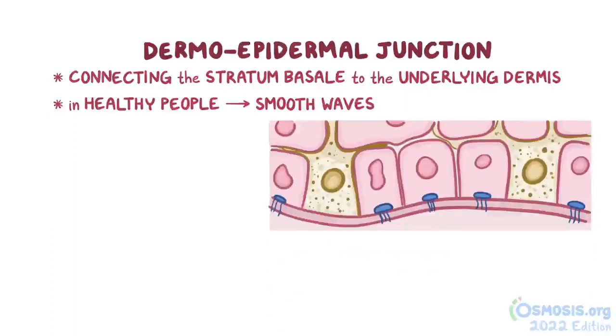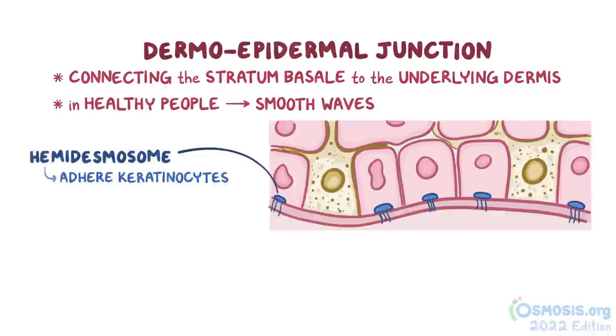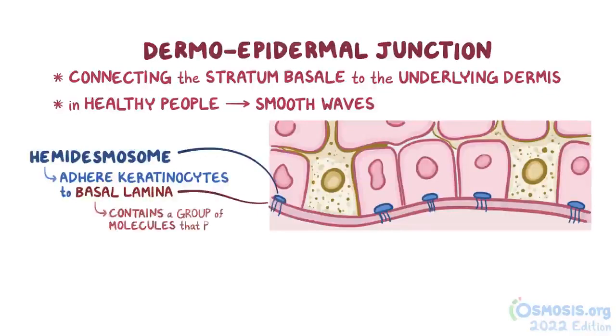The first part is the lower portion of the plasma membrane of the keratinocytes in the stratum basale, which contains glue-like substances called hemidesmosomes. These hemidesmosomes adhere keratinocytes of the stratum basale to the second component of this junction, which is called the basal lamina.